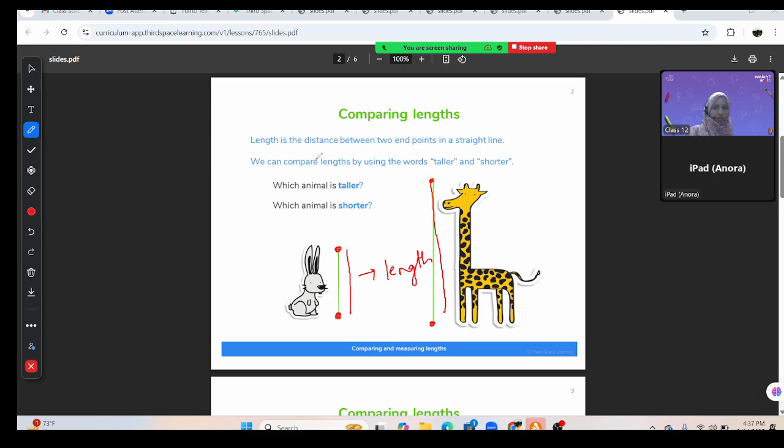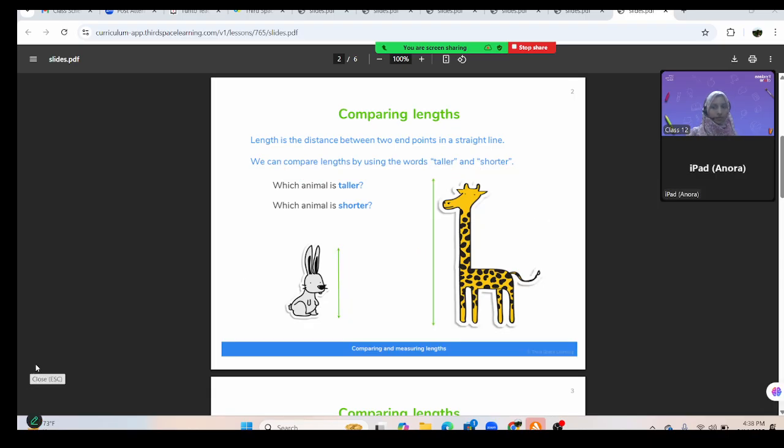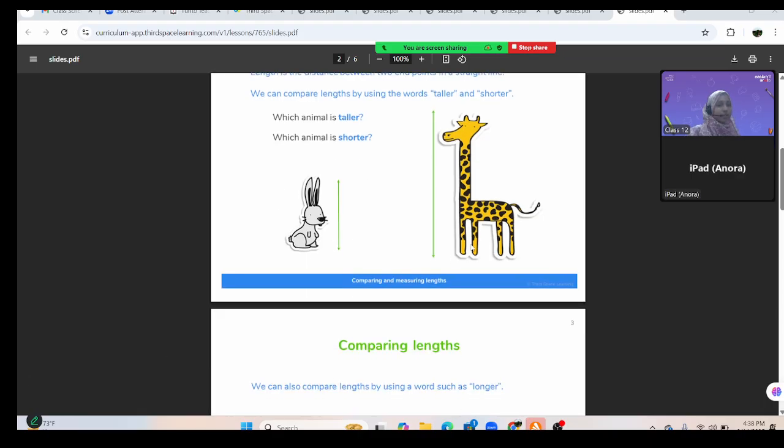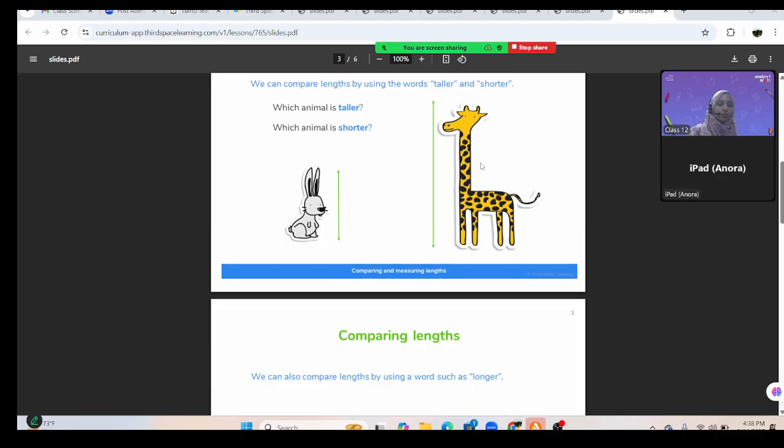So basically we can compare length by using the words taller and shorter, right? Which animal is taller here? Giraffe. And which one is shorter? The rabbit. Exactly. So that's how we compare. This is a real life example, but sometimes they would give us 6 kilometers, 1 meter, and ask us to compare that.